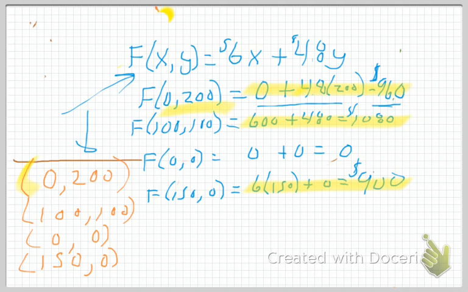So in order for us to maximize our profit, we're going to end up making 100 large tens and 100 small tens for a total of 1080. So it works out that the maximum profit occurs when we make an equal amount of large and small tens.